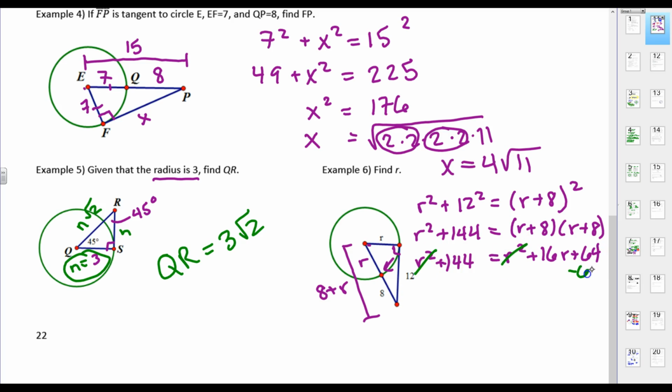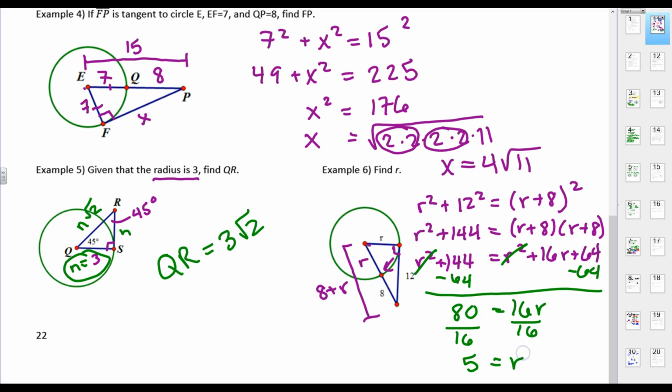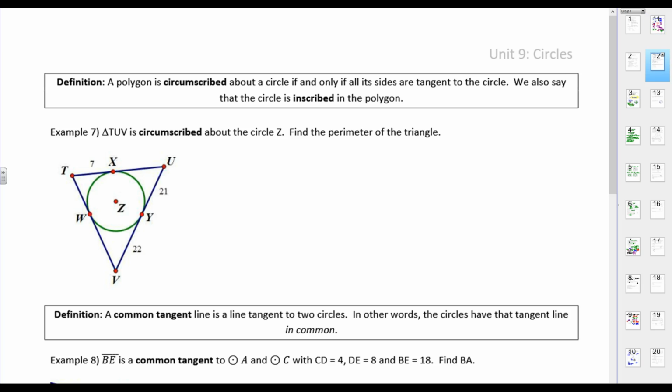And I can then subtract the 64 over to the other side. So I end up with 80 is equal to 16r, divide by 16. I get that 5 is the value of r. And if I want to check my answers, this guy would be 5, and this guy would end up being 13. 5 squared plus 12 squared equals 13 squared. I did it right. All right, moving right along.